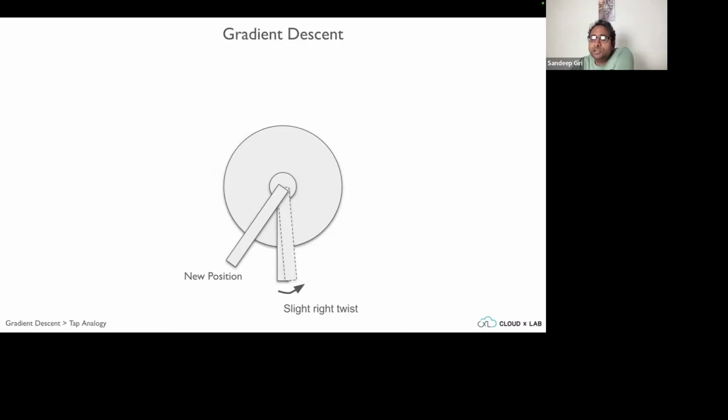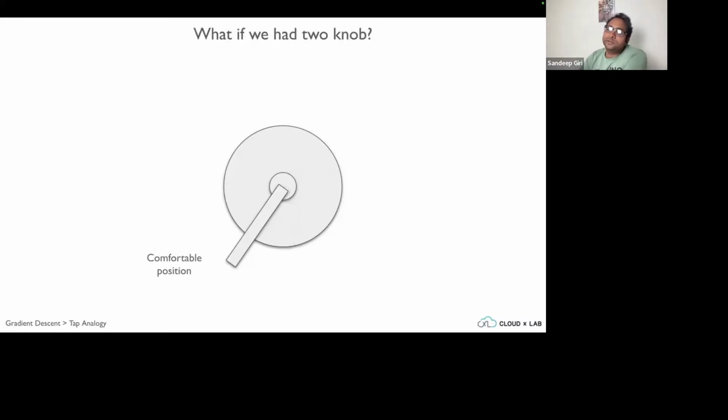The most important part is observing the change. You slightly modify and say, okay, earlier the temperature was like this. Now the temperature has dropped. Therefore, let me try something else. Okay, this seems to be a comfortable position. So we stop there. And when you find the comfortable position of the knob, you mark it on the wall, saying this is the position of the knob that is the most comfortable for me.